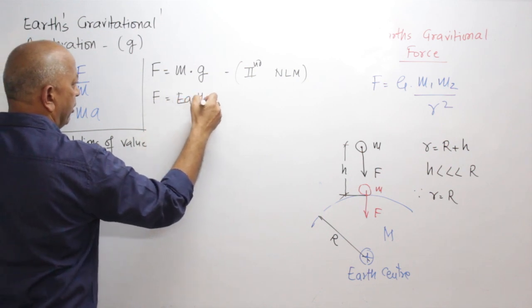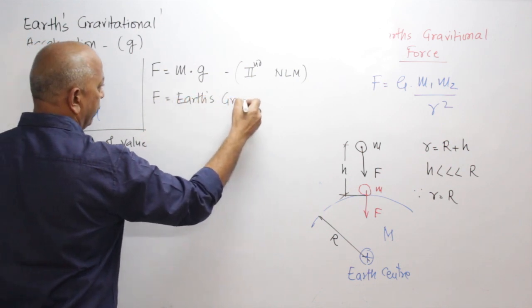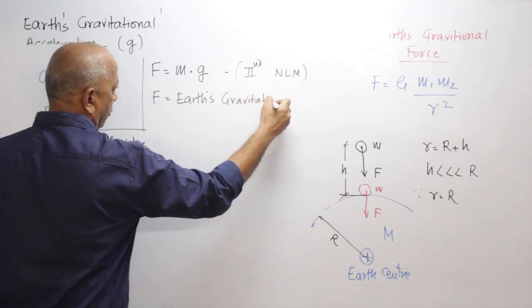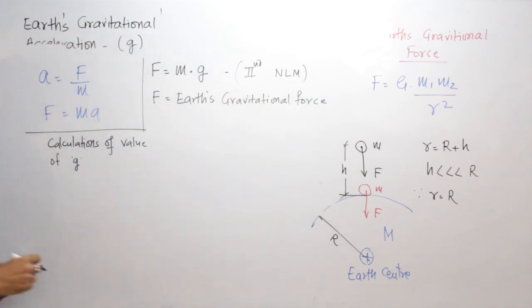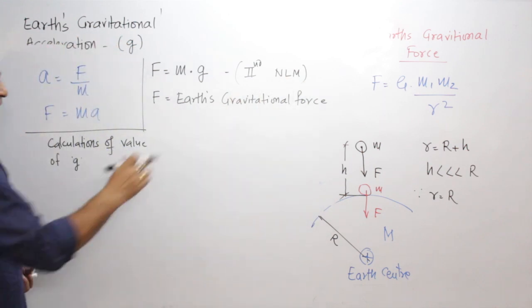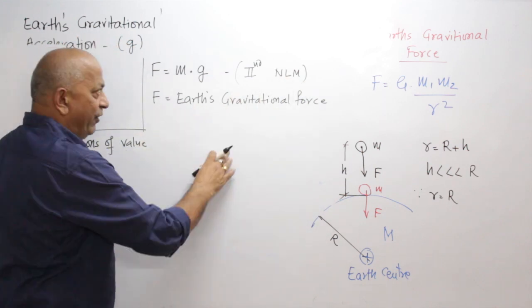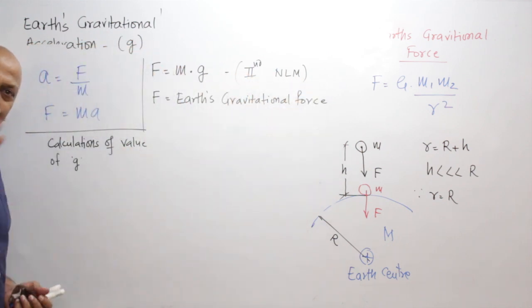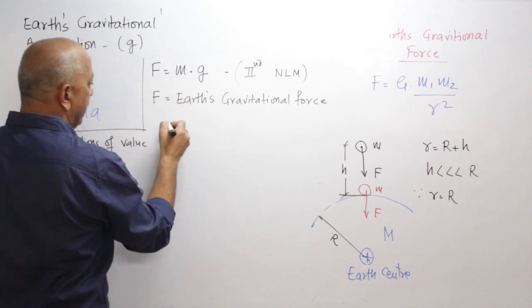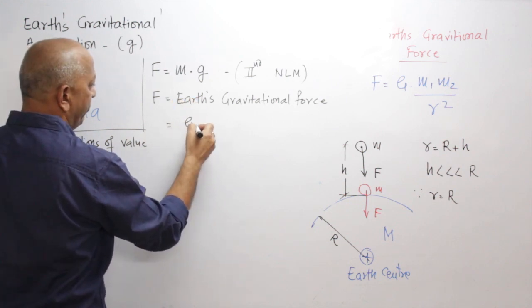F is Earth's gravitational force. This is given by Newton's universal law of gravitation. Both laws were given by Newton. This is given as F = G M m / R squared.